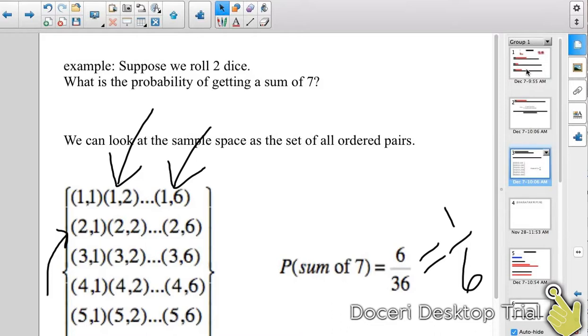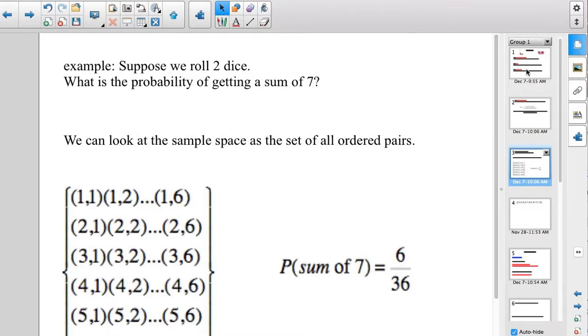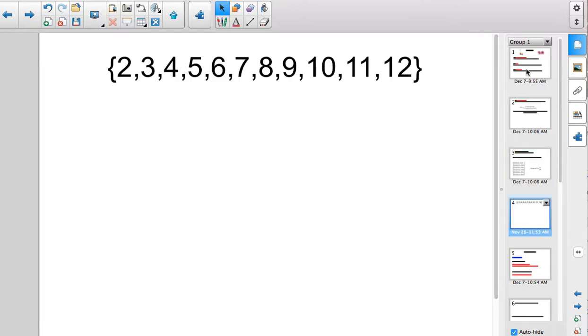All right, let's look at an example of what would happen if the outcomes were not equally likely. Suppose that we looked at this experiment not in terms of ordered pairs, in terms of what happens on each die, but in terms of the sums. There are 11 possible sums when you roll 2 dice, 2 up through 12.